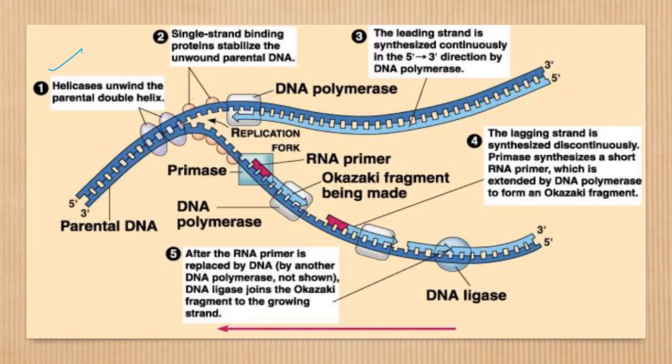The primase synthesizes short RNA primers for each, and these segments are called Okazaki segments. Later the RNA primer is replaced by DNA polymerase 1, and ligase joins the Okazaki fragments. So whatever we discussed briefly is mentioned in this picture.